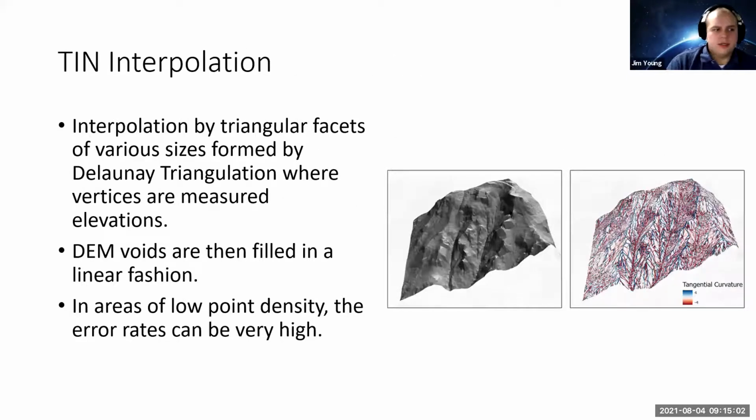A major one is TIN, or triangulated irregular network, interpolation. The interpolation occurs by triangular facets of various sizes that are formed by Delaunay triangulation, where each vertex is a physically measured elevation. The DEM voids are then filled in a linear fashion, and this usually works somewhat, but in areas of low point density the error rates can be very high.